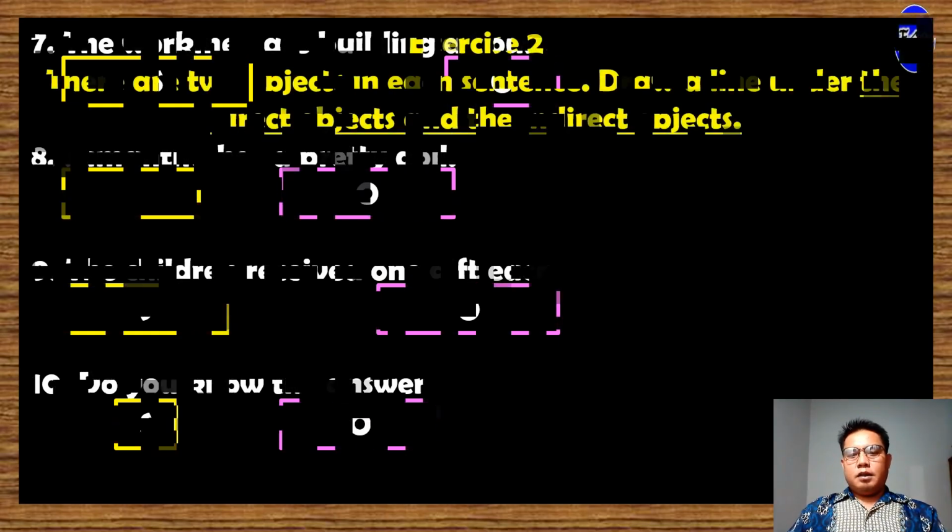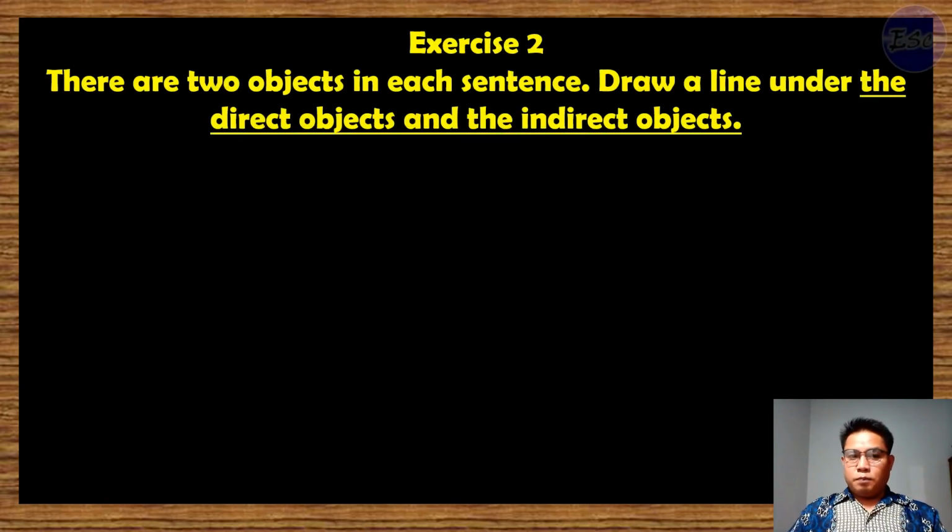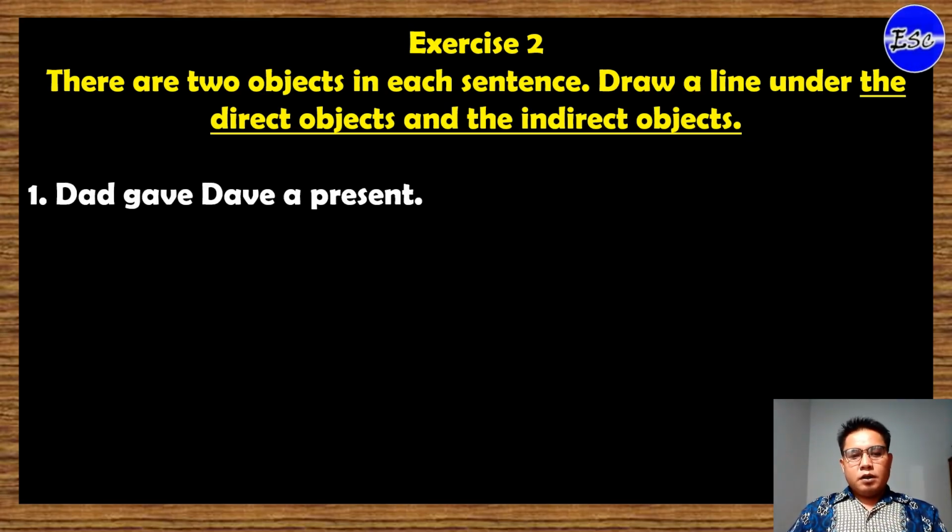And this is exercise 2. There are two objects in each sentence. Draw a line under the direct objects and the indirect objects. So we are asked to find the direct object and the indirect object. Number 1. Dad gave Dave a present.